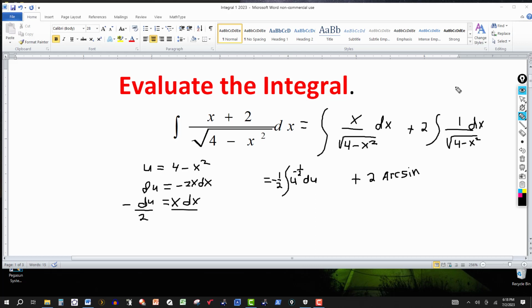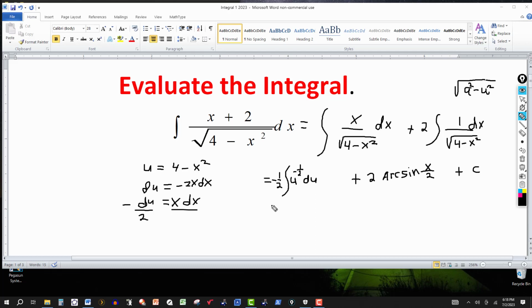In other words, it's an integral in the form of 1 over the square root of a squared minus u squared, and the value of that integral would be arc sine of u over a. So in our case, u would be x, and a would be 2, plus your constant of integration. You got that?